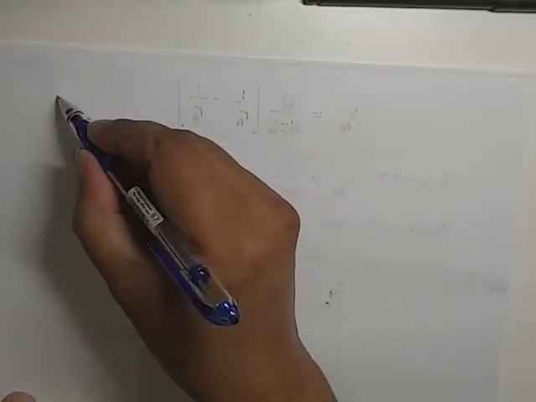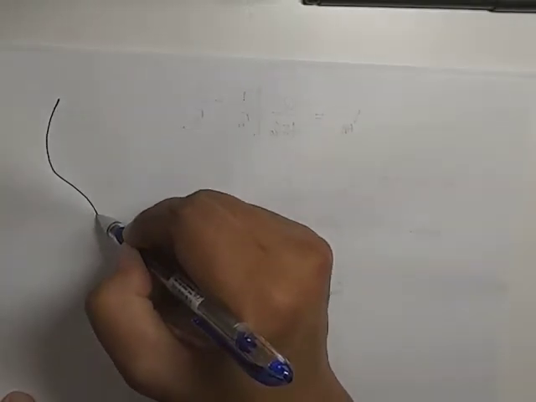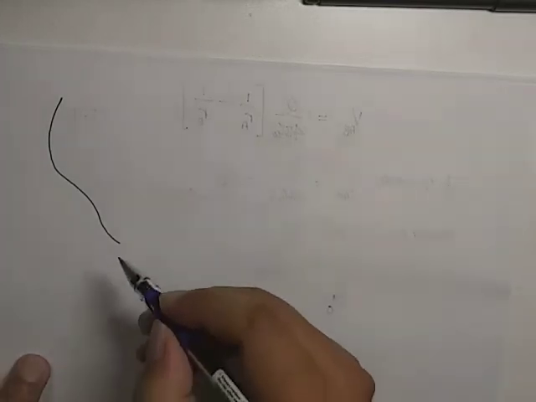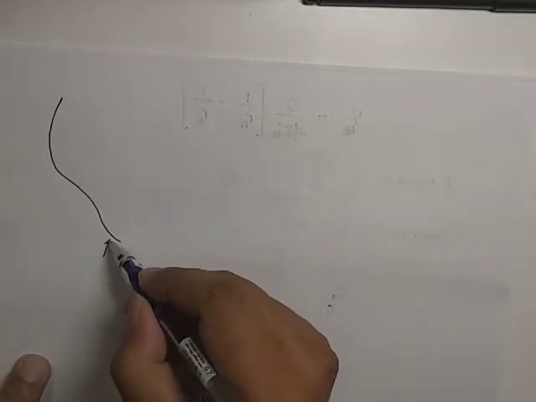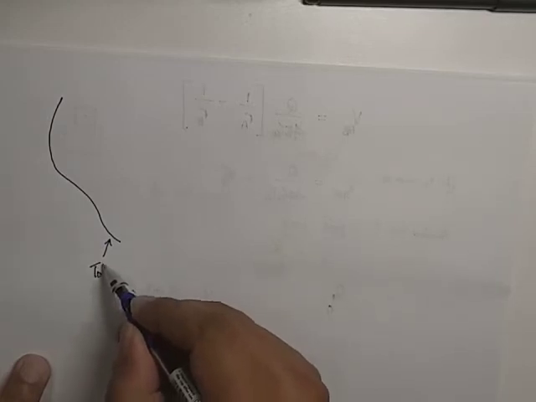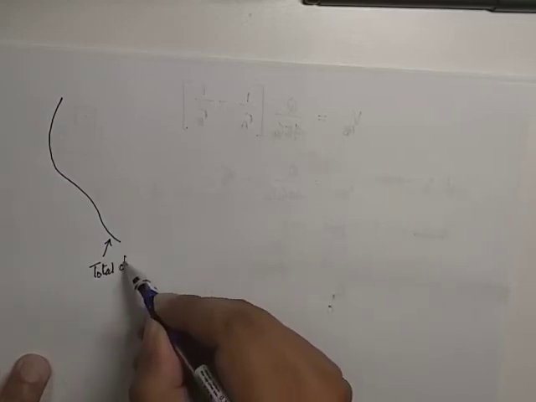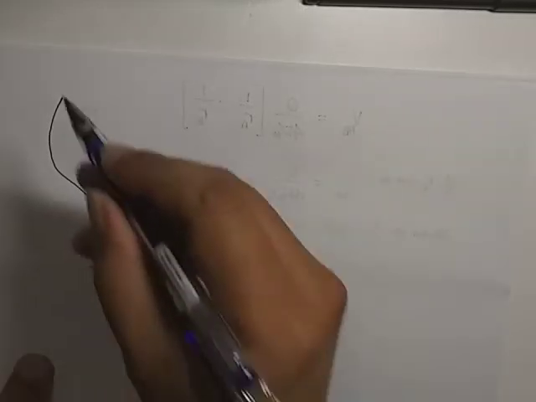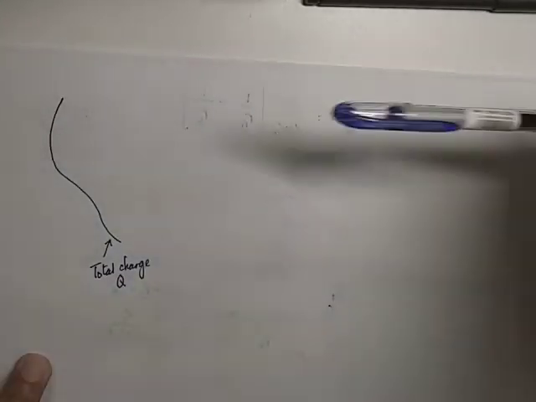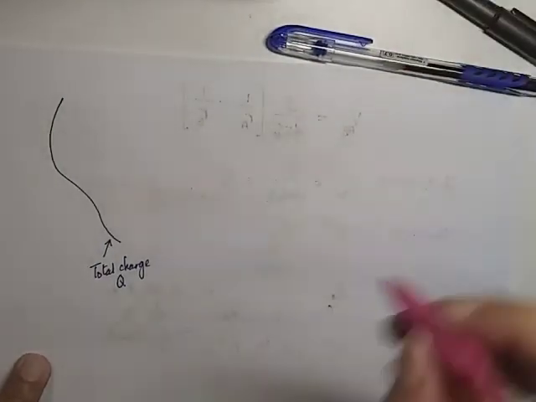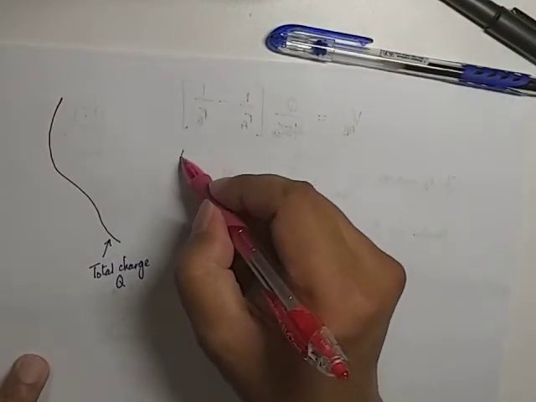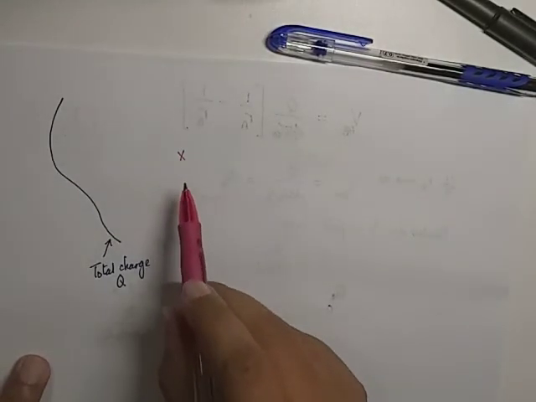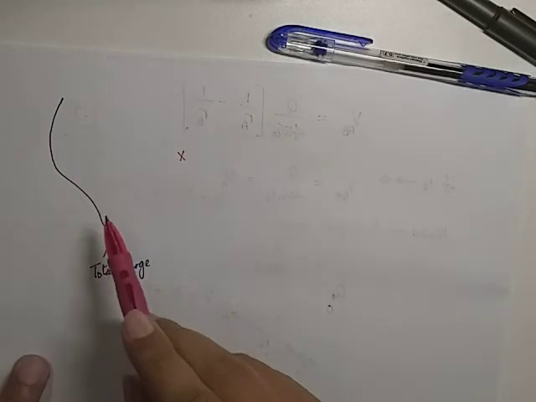So let's say we have a line charge now, given as total charge Q, and the total length is L. What I want to determine now is the potential V here, the potential due to our line charge.